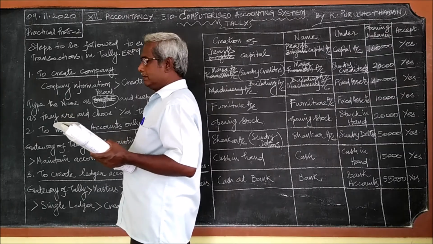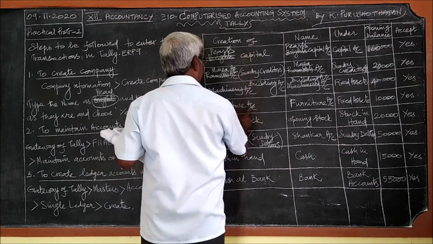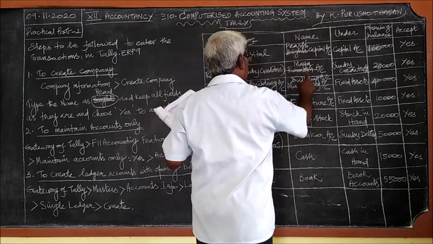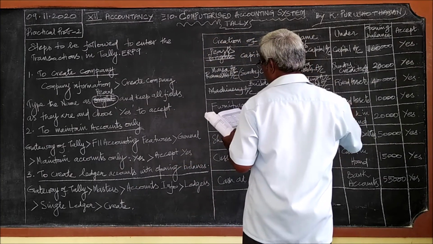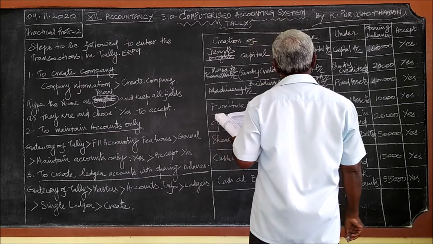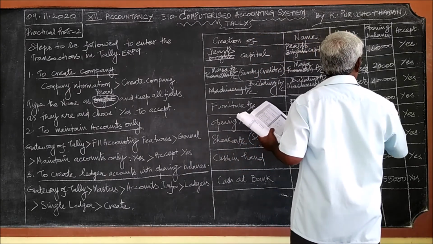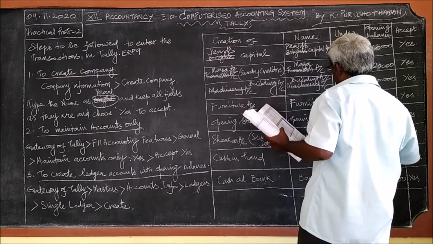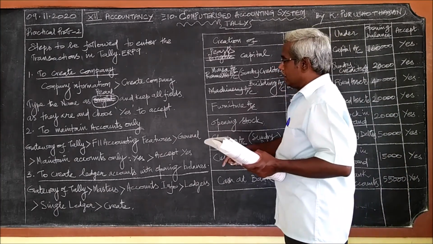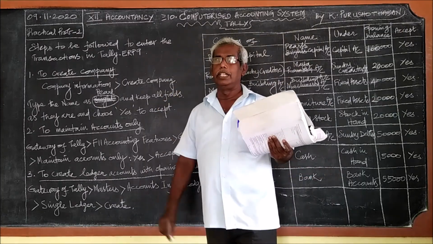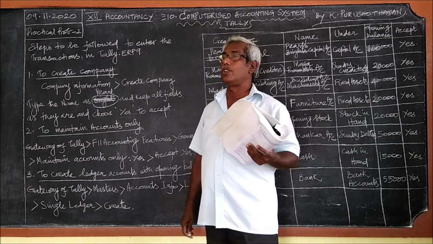Then the next item is the furniture. The same item, creation of furniture account. The name of the account will be furniture account. It is one of the fixed assets. The value of furniture is 20,000. Then the next one is stock. Since this stock is given in the opening balance sheet, it is called opening stock.